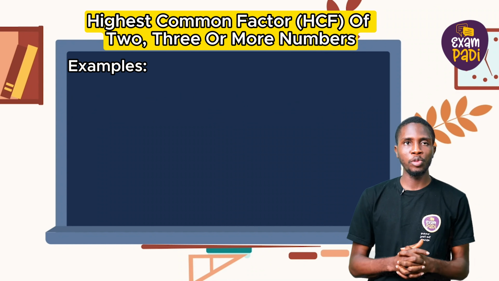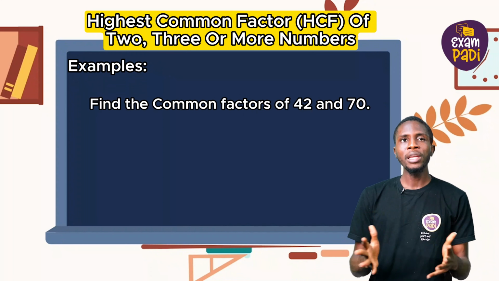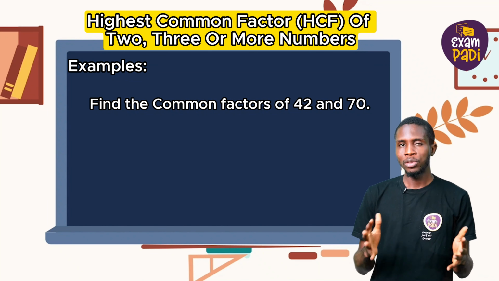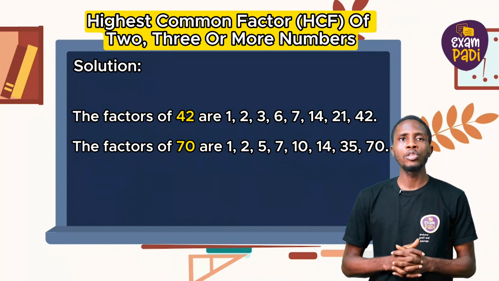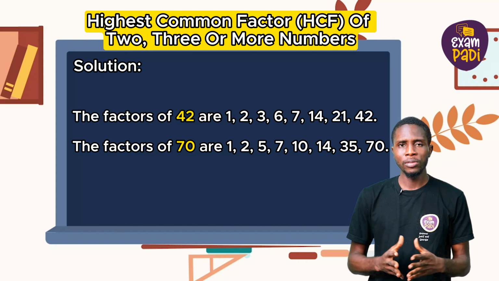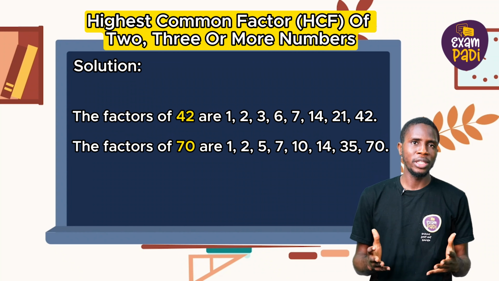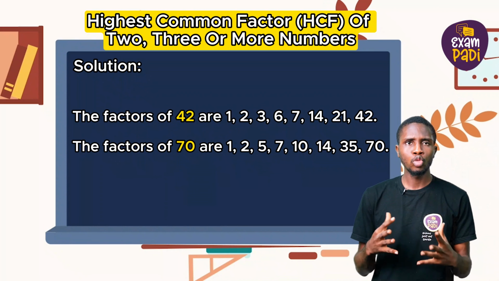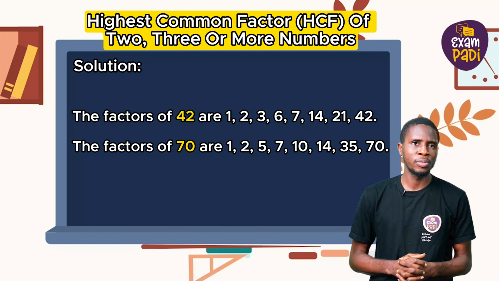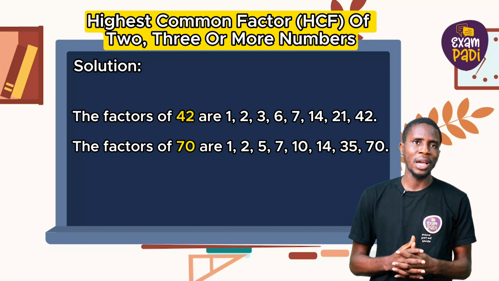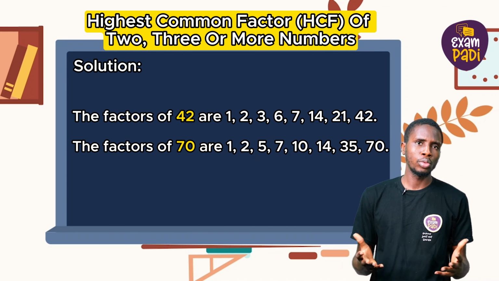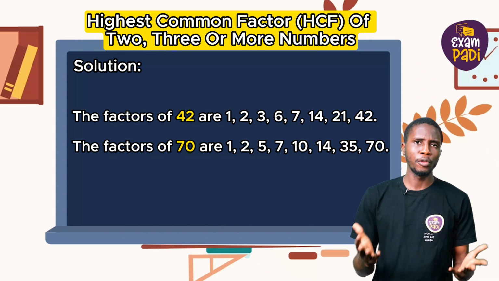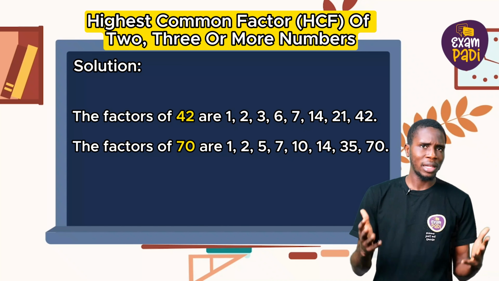Let's take a look at a few examples. Find the common factors of 42 and 70. Solution. The factors of 42 are 1, 2, 3, 6, 7, 14, 21, and 42, while the factors of 70 are 1, 2, 5, 7, 10, 14, 35, and 70.